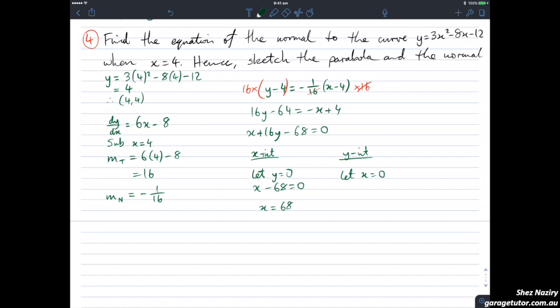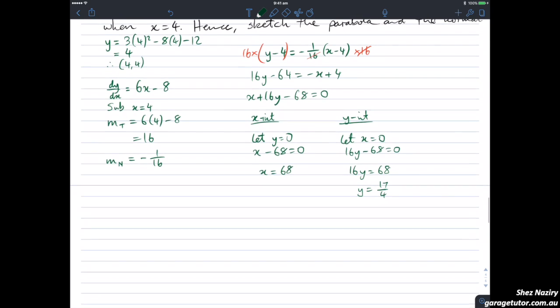So you get 0 plus 16y minus 68, so 16y minus 68 equals 0. 16y equals 68, and y is equal to 68 on 16, which becomes 17 on 4. Okay, so now I know my x and y intercepts, and I can sketch that once I get my parabola going.